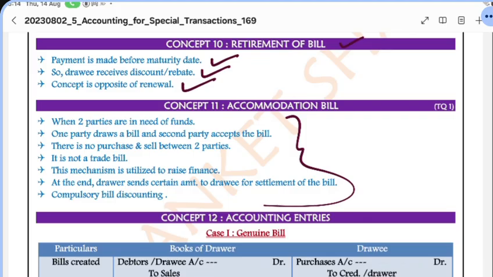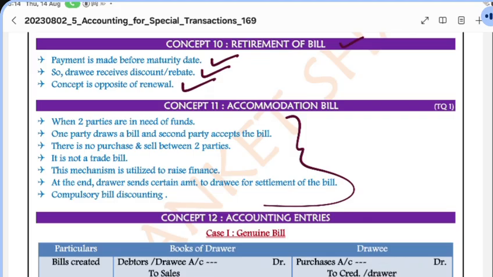That is accommodation bill. This is accommodation bill. The question arises, sir, what is accommodation bill? Okay.